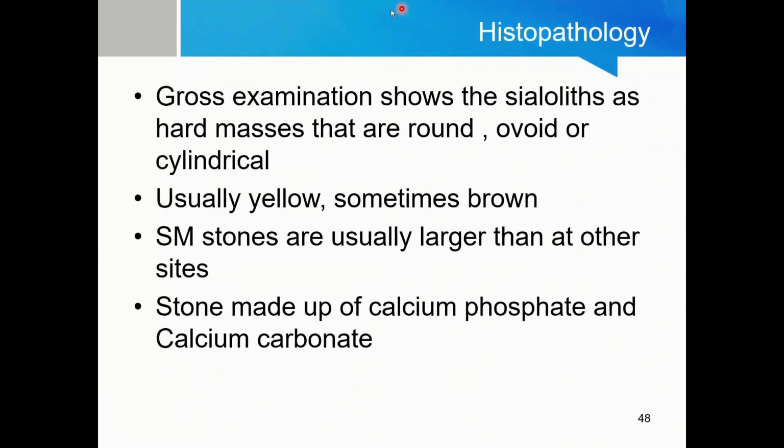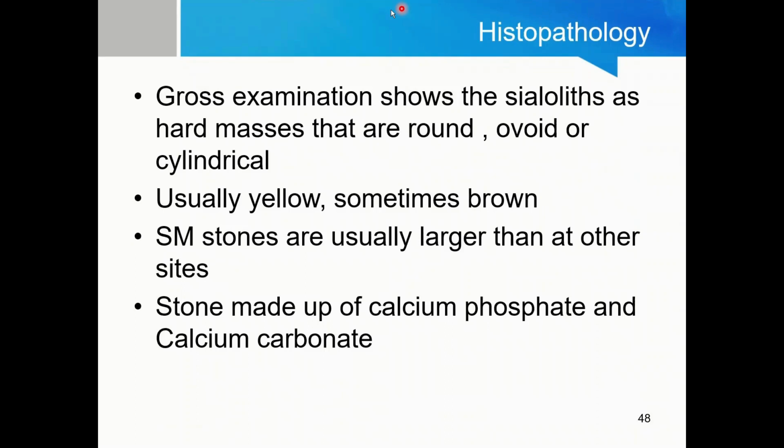Going for a biopsy or histopathology, what can be noticed? First, of course, if you take out the sialolith and observe it on a gross examination, these stones are really hard masses, and the shape can vary from round, oval, or cylindrical, and the color can be yellow to brown.